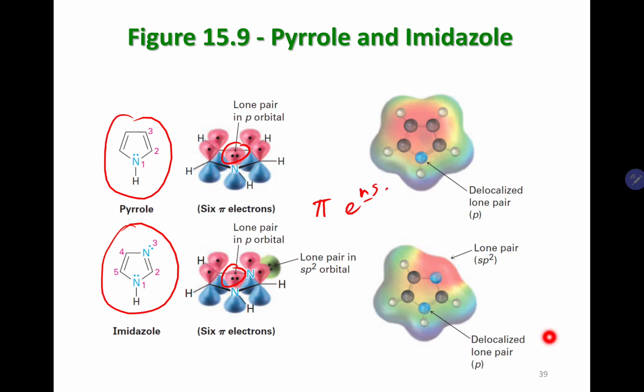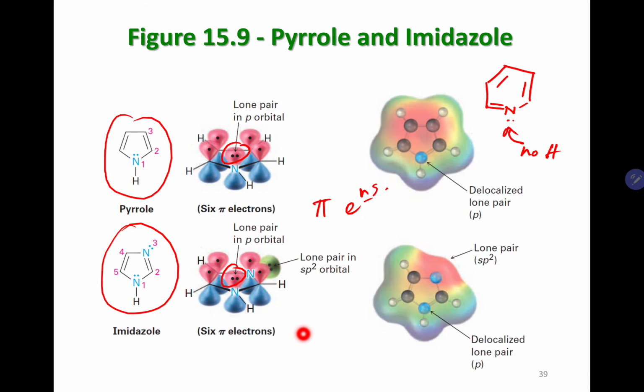How come? So here's the thing. The difference between pyridine, pyrimidine and pyrrole and imidazole is that in pyridine, let me write pyridine here, the nitrogen has no hydrogen. But in pyrrole and imidazole, the nitrogen has a hydrogen.